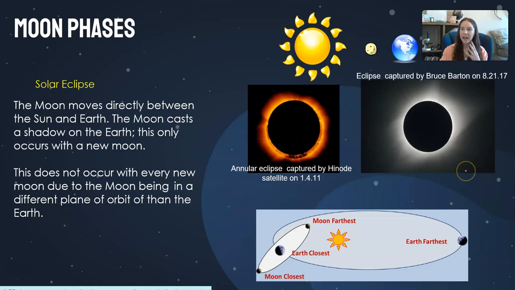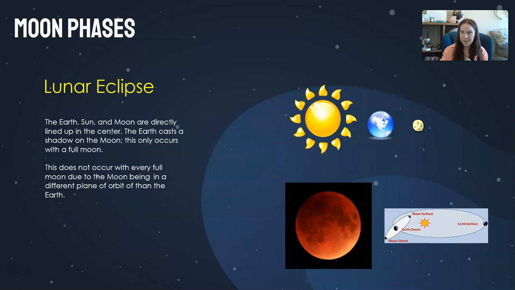Now a lunar eclipse is when the full moon, so the one that's far from the sun on the opposite side of the earth, becomes in alignment. Okay, the earth, sun, and moon are directly lined up, but the moon is at the furthest point away from the sun. Okay, and this is when the earth actually casts a shadow on the moon. And so the moon appears to be this beautiful glowing red color.